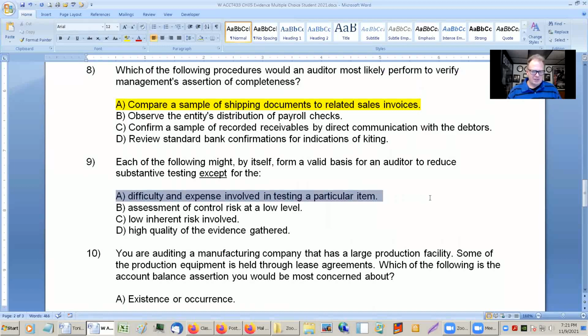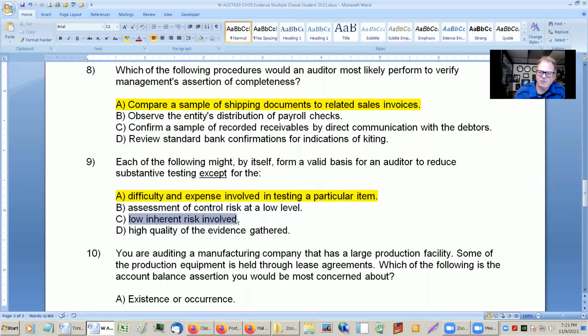Yeah, just because something is expensive doesn't mean you don't have to test it. You may not want to test it, but just because it's expensive to do, it's not a valid reason to reduce the testing, whereas all the rest of these are. If you think the control risk is low, in other words, the controls are really good, you can reduce the testing.